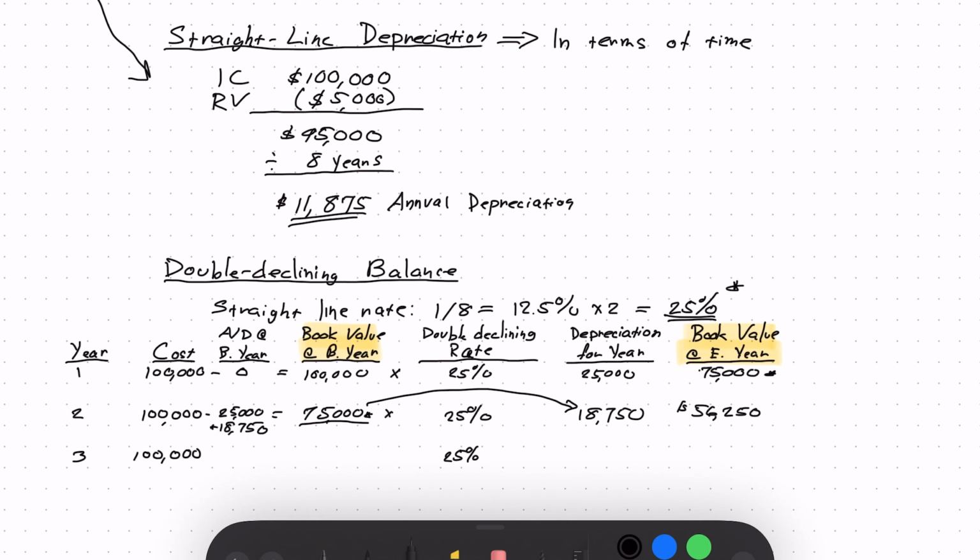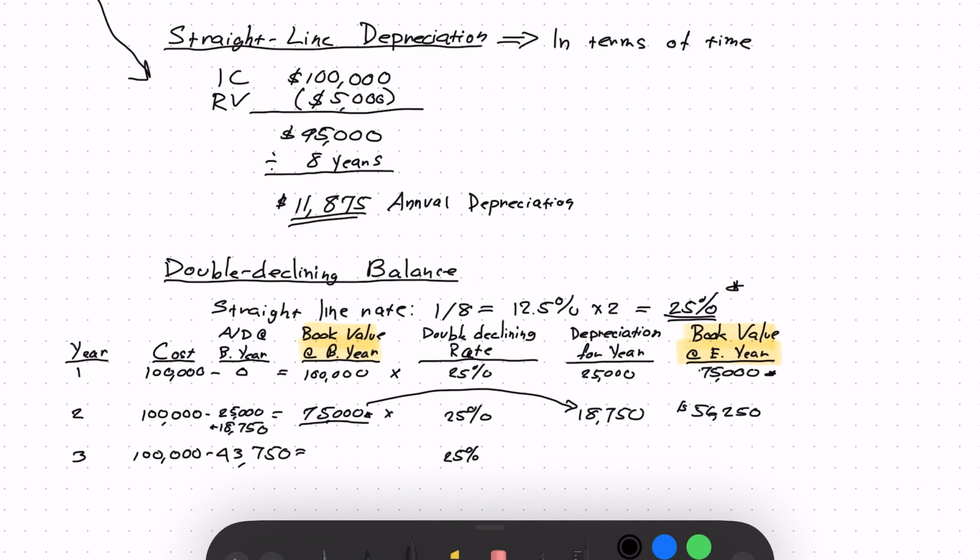So when we add that $18,750 to the $25,000, we get total accumulated depreciation at the beginning of year three of $43,750.